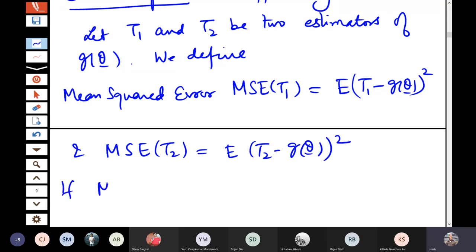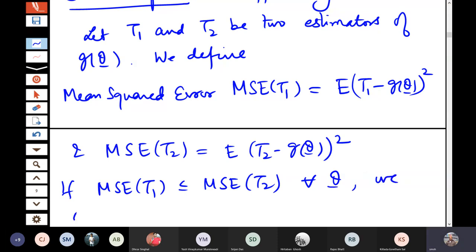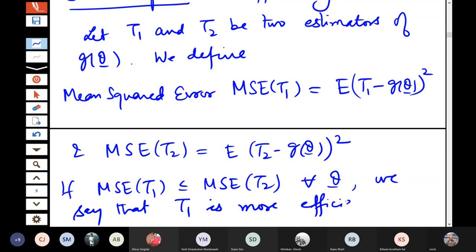So if mean squared error of T1 is less than or equal to mean squared error of T2 for all theta, we say that T1 is more efficient than T2. So this is again a very natural property.